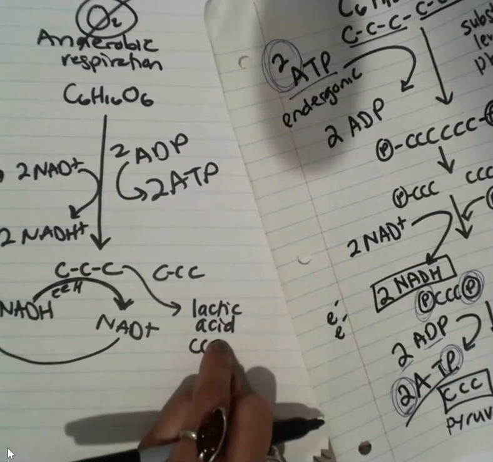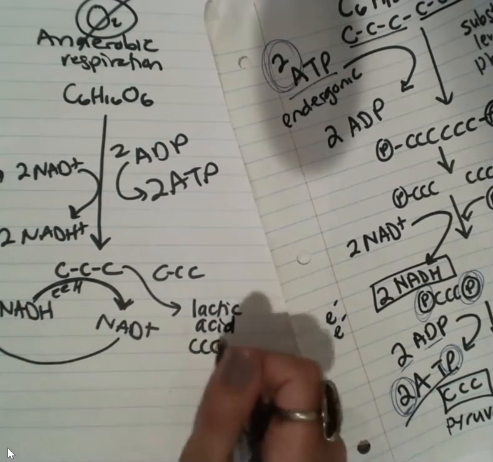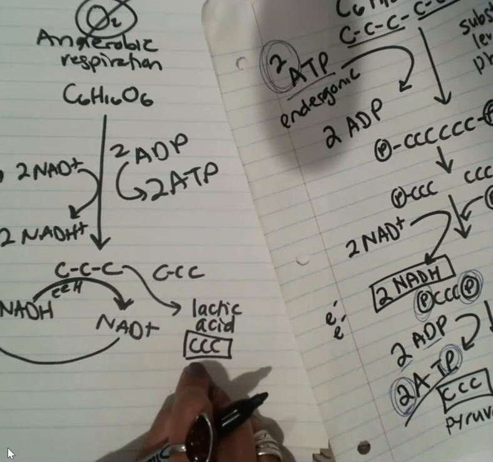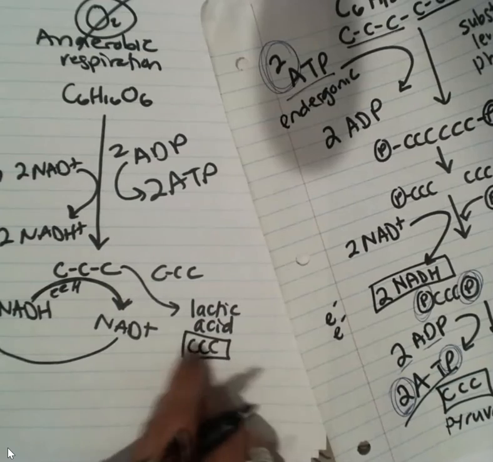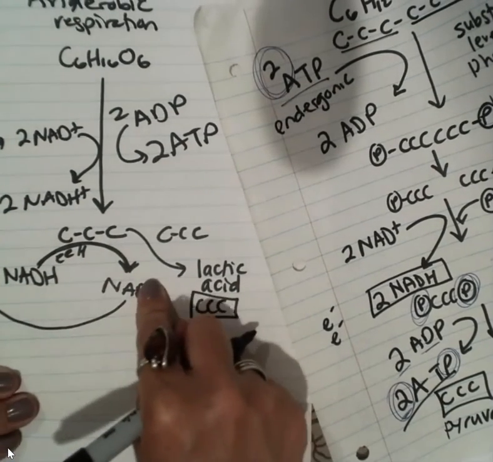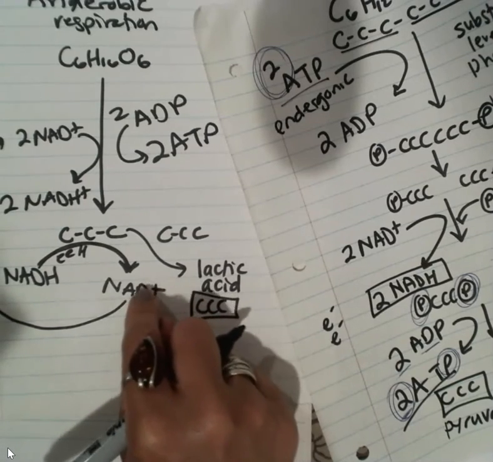So this is like a waste product of anaerobic respiration. There's still potential energy in these 3 carbons, and your liver can actually convert this back into pyruvate, so you don't waste that potential energy. Now, this occurs in like our muscle cells and some other organisms.